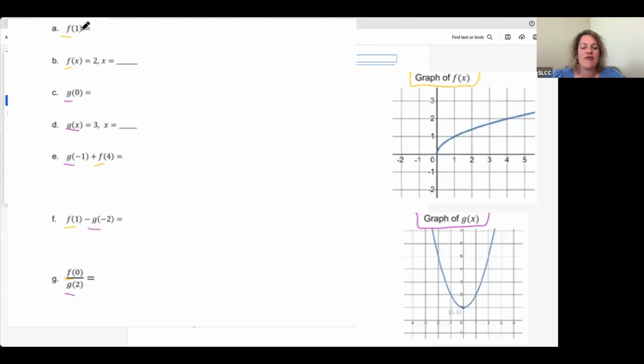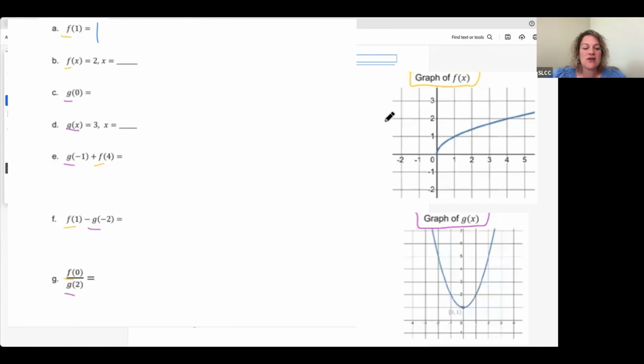So let's look at f of 1. 1 is an x value, an input, so I go to 1, and I find my corresponding output value, which is 1. Now let's look at f of x equals 2. That is a y value. What is the corresponding x value when y is 2?